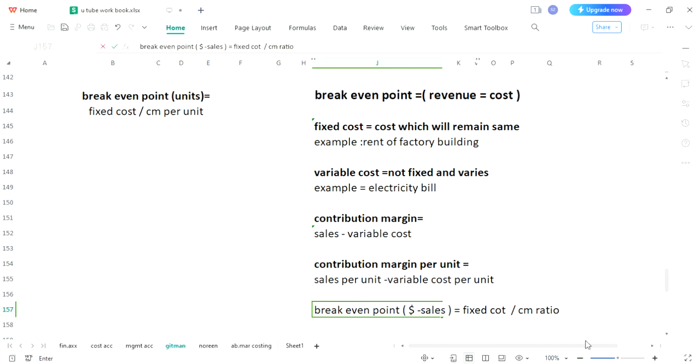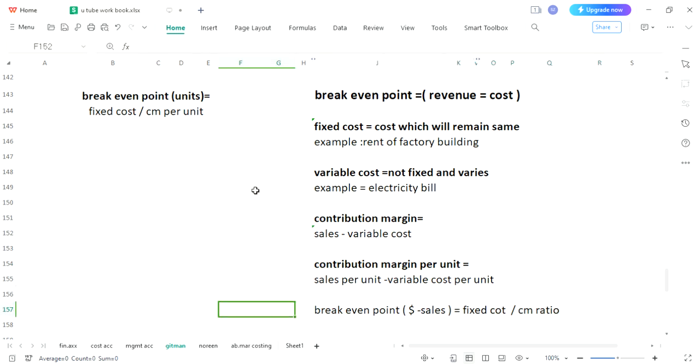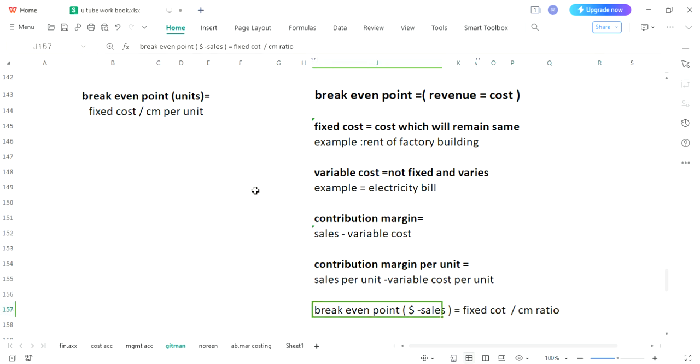Please note it down. You will have to see in your question what kind of break-even point is asked. As you can see, break-even point in terms of sales and break-even point in terms of units are both your formulas. Let me arrange it.